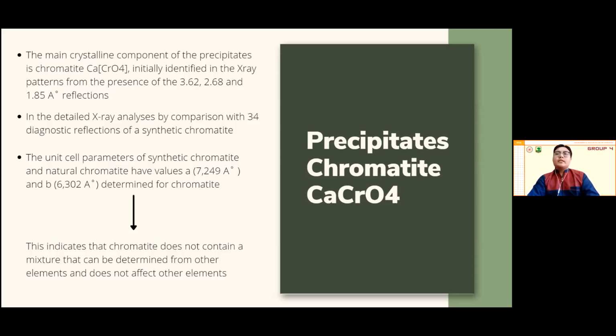So this indicates the chromatite doesn't contain an admixture that can be determined from other elements and doesn't affect other elements. This is about the chromatite, and I return to Unifinda.